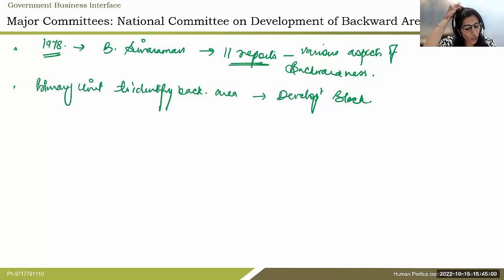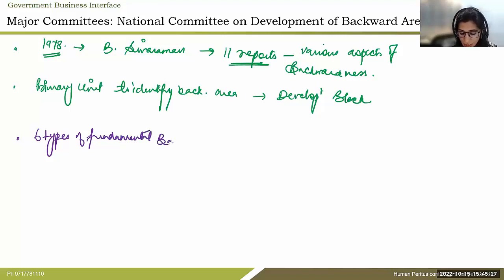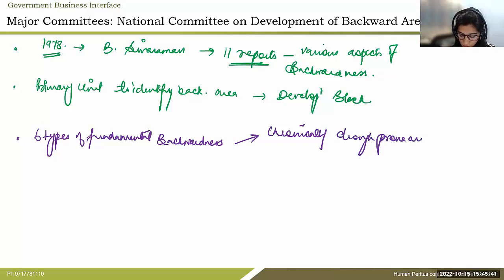Now, what kind of factors or variables did it give to identify the backwardness? It said that it is giving 6 types of fundamental backwardness. We can consider them as criteria as well. So what were these? Chronically drought prone area. All right. Desert area, tribal area.